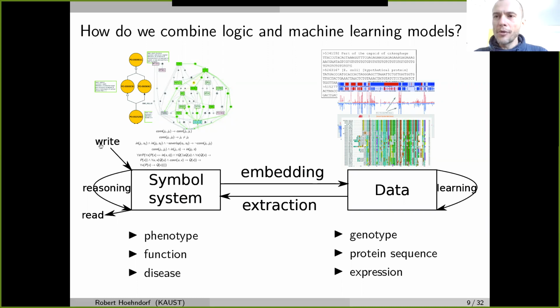And so we can both write or read from symbols, and it gives us something that is meaningful to us, because symbols stand for something else that we can interpret. And within this symbol system, we generally perform reasoning, which means we perform deductive inference.